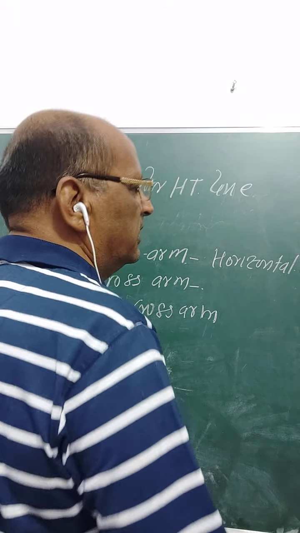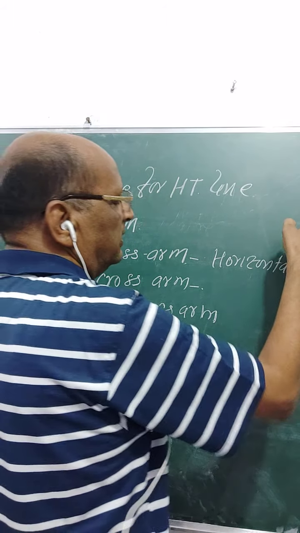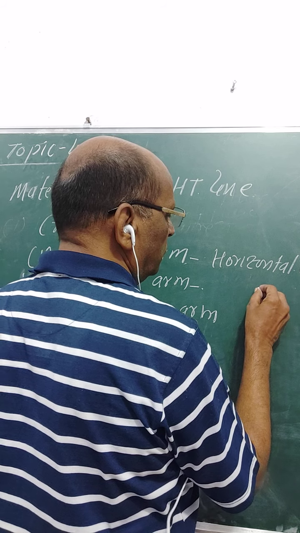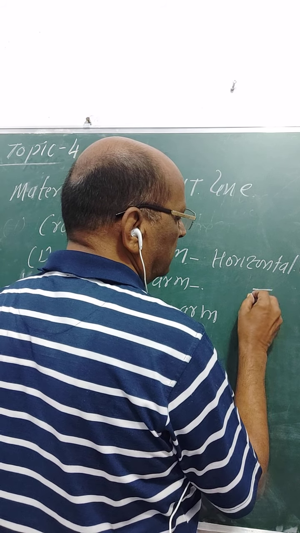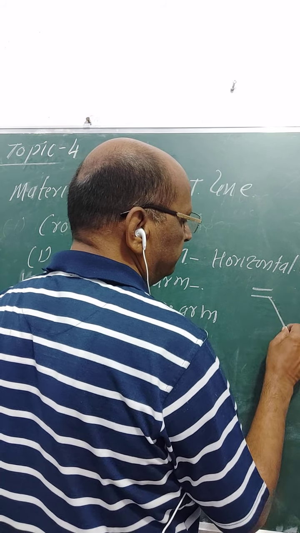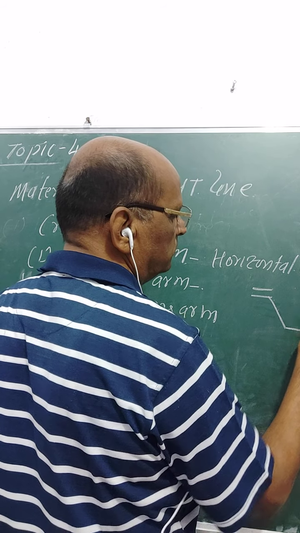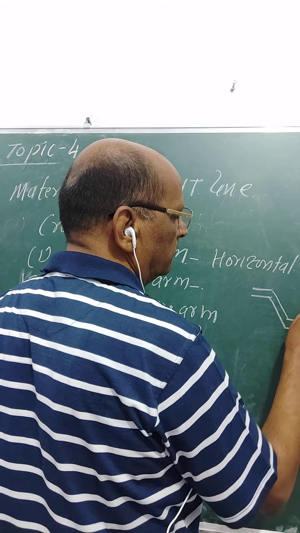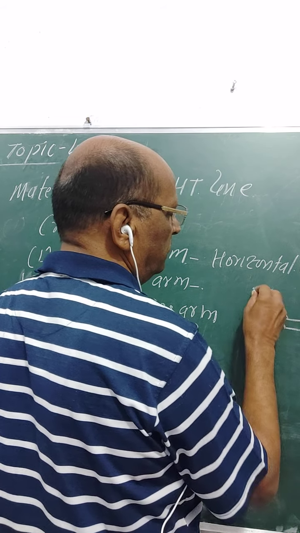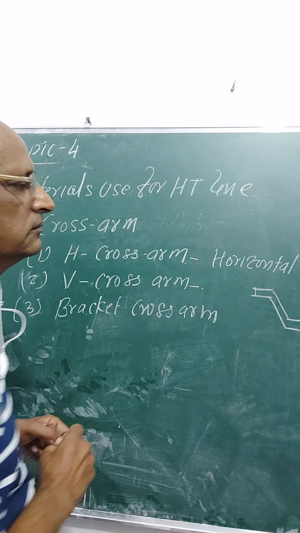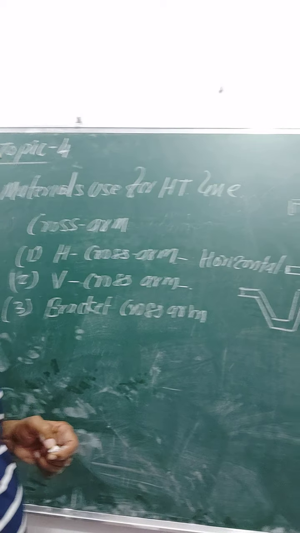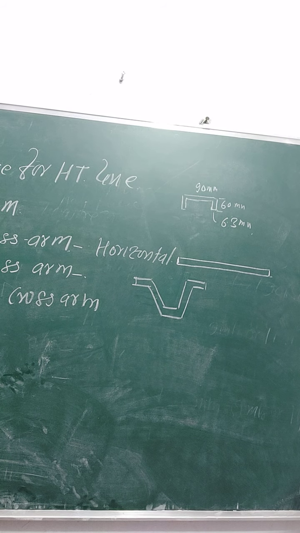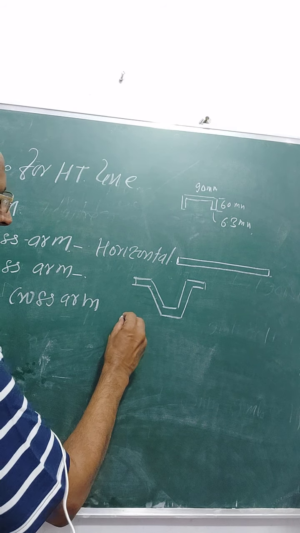So this is H cross arm. Similarly, the same section can be used for V cross arm. So V cross arm is like this. This is V cross arm. H cross arm, V cross arm, and then bracket cross arm.